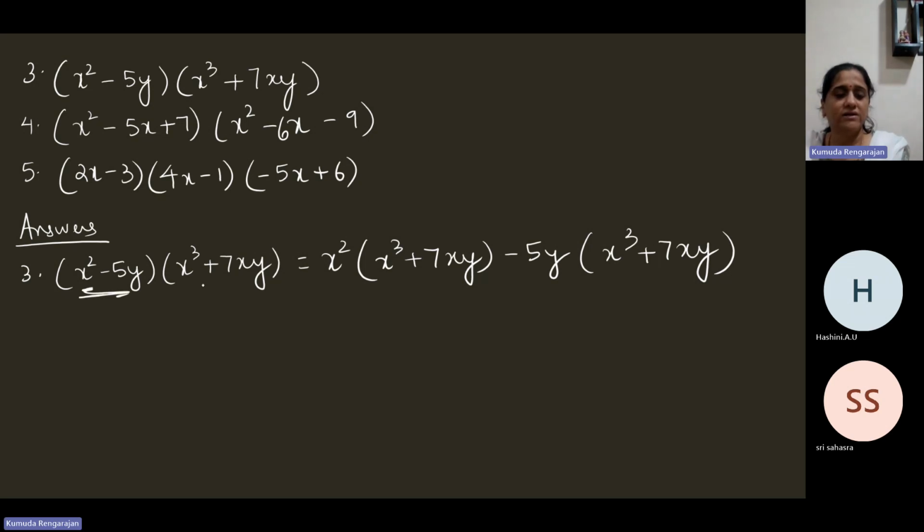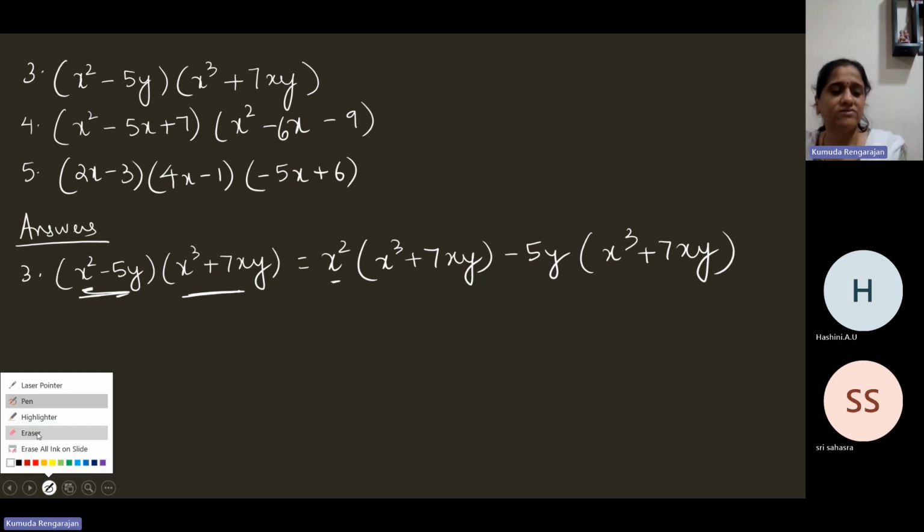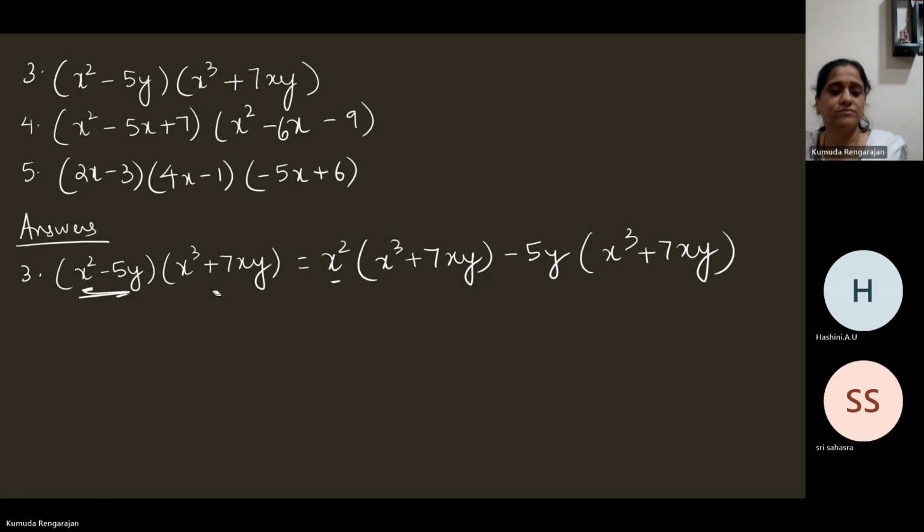This is the first bracket, this is the second bracket. Write the first term in the first bracket and multiply that with the terms in the second bracket. Then the second term, minus 5y, of the first bracket, multiplied with the terms of the second bracket. So first term into second bracket, second term into second bracket.